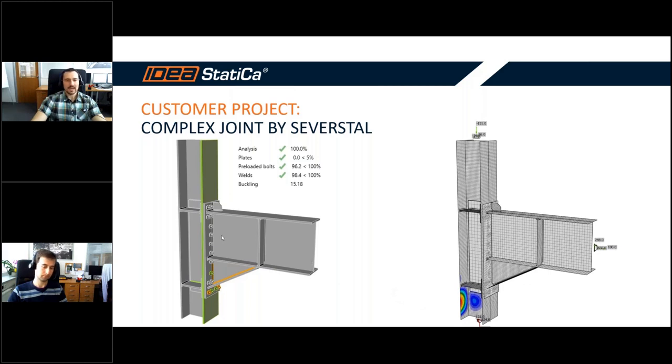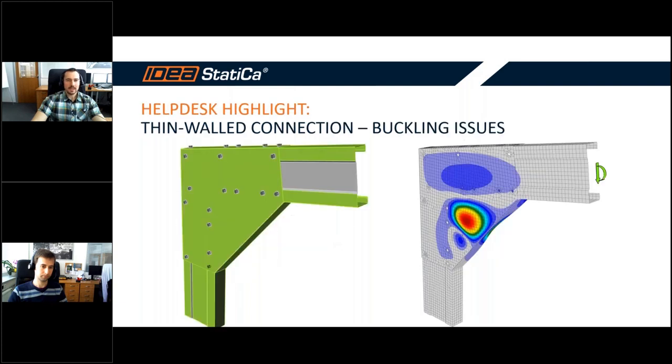Many thanks to the company Severstal. We will go through the buckling results. In the second part of our webinar, my colleague Vít Hurčík will show you Helpdesk highlights, and you will find out more about FinVolt members.